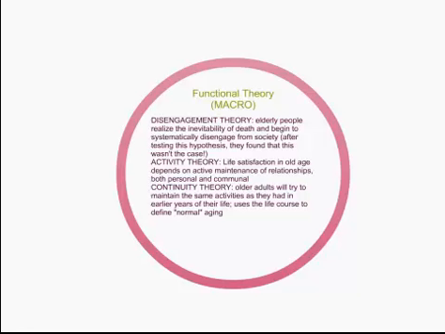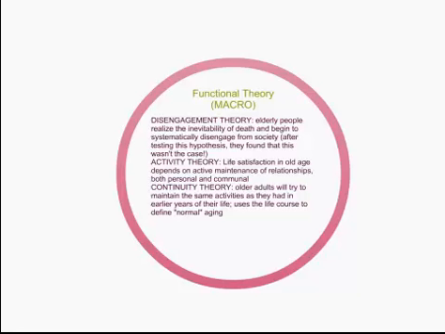And what we find here with functional theory, now we're talking at the macro level, which means we're talking about aggregated research. We're talking about big picture structural issues and how they impact the individual. And so there are three sub-theories, so to speak, in the field of functional theory. The first of those is disengagement theory.